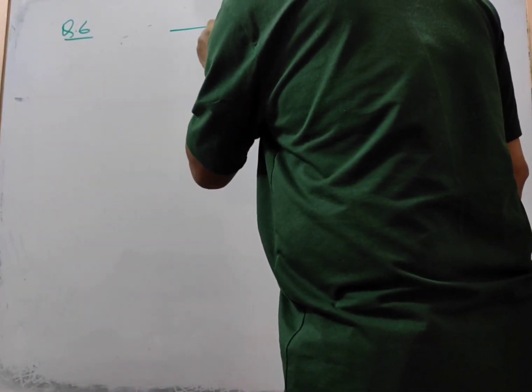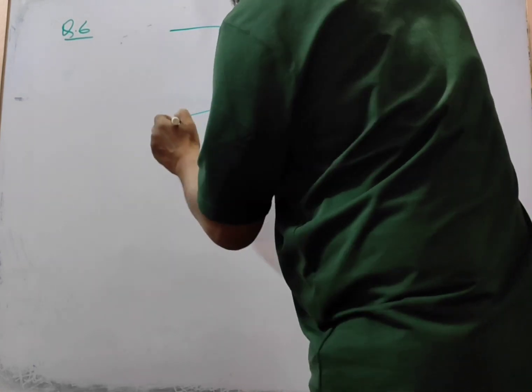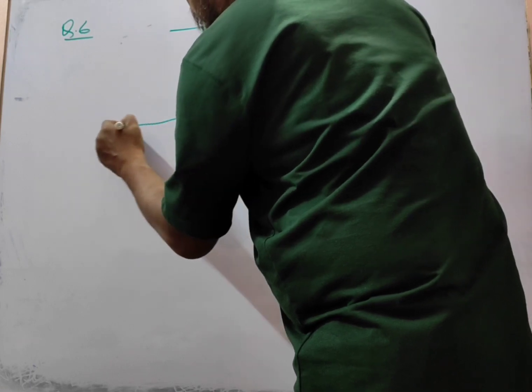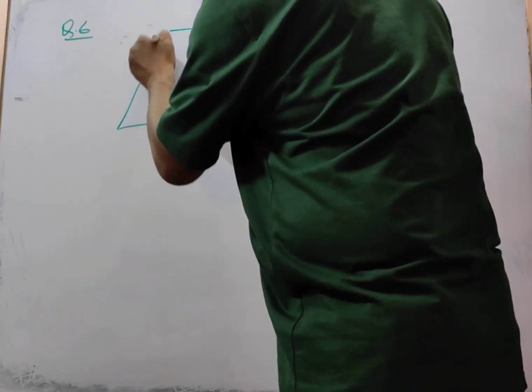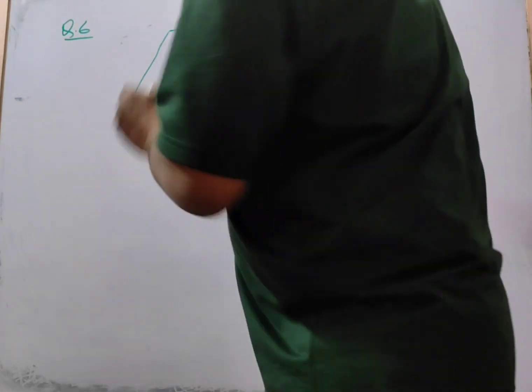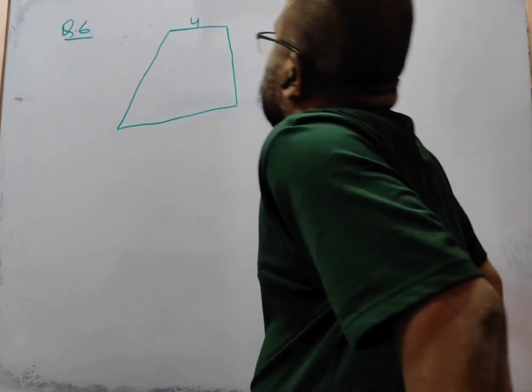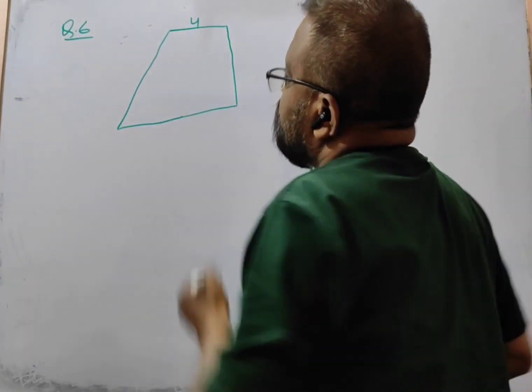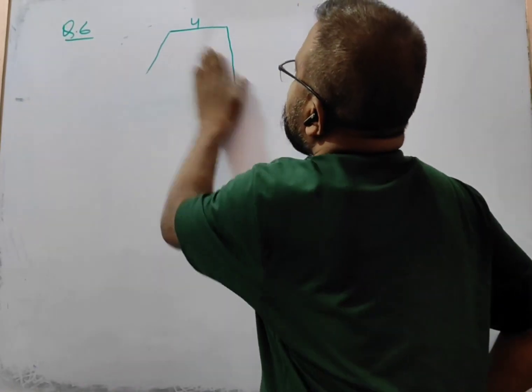It is like this, like this, like this, right? And this is going beyond this, and then it is like this. This is the 4. So if I draw a perpendicular here, can I make another diagram?